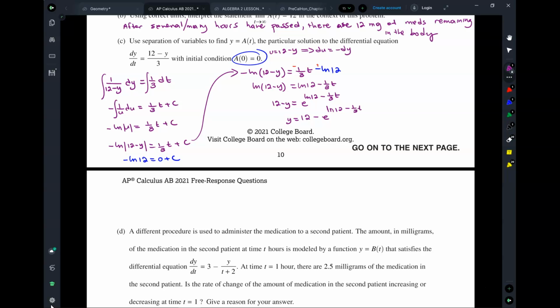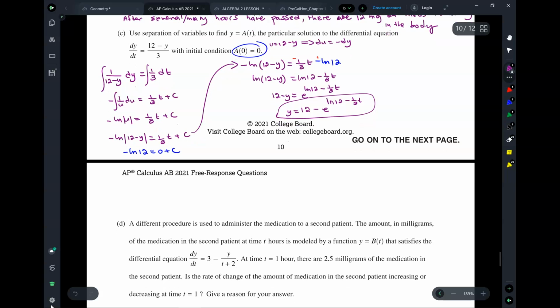So we went from negative ln 12 equals 0 plus c at the bottom. So this means c is negative ln of 12. So I took that c and I plugged it in here.